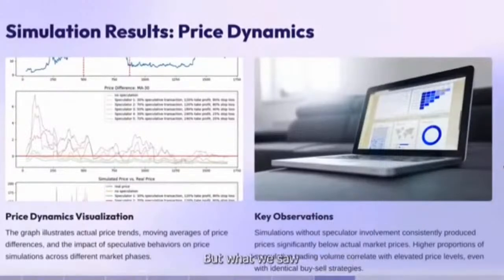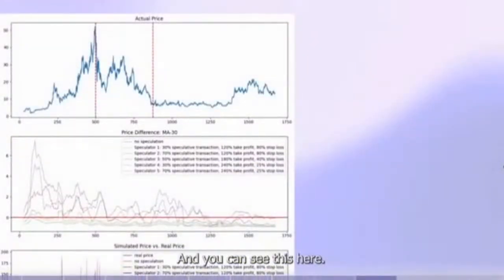What we saw was that the simulations without the speculators consistently produced prices that were significantly below the actual market prices. So high proportions of speculative trading correlate with elevated price levels, even with identical buy-sell strategies. And you can see this here. That's quite a long slide. Essentially, Token Lab is using a pricing model to produce what is a fair value for a token.